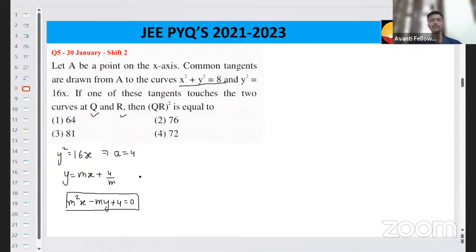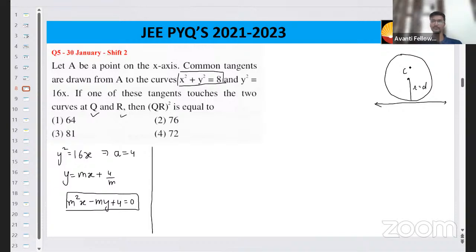Now this is also a tangent to the circle. For this line to be a tangent, it must satisfy the condition of tangency, which is that the radius should be equal to the distance d.